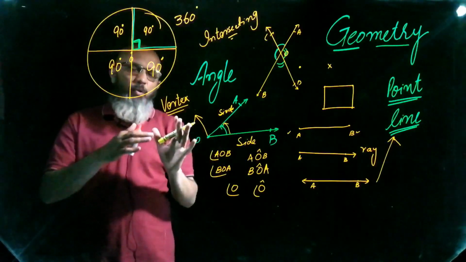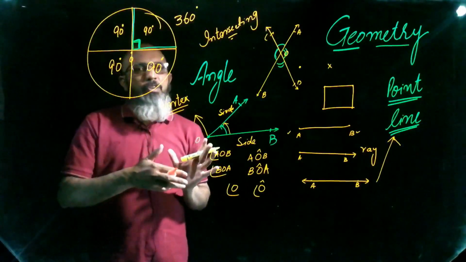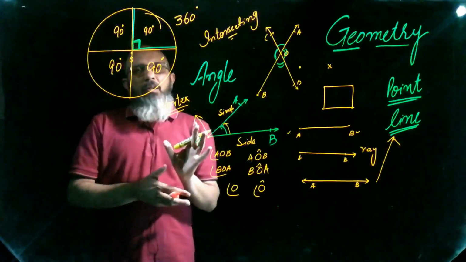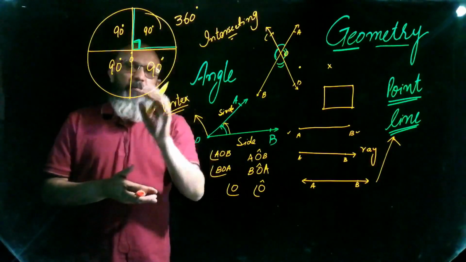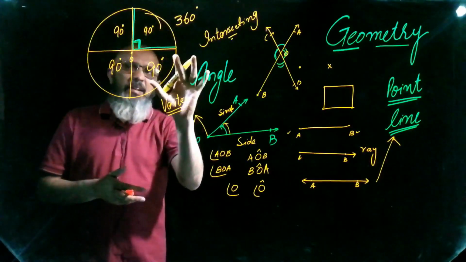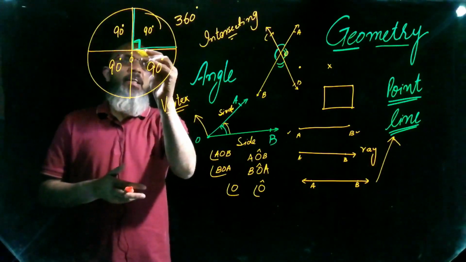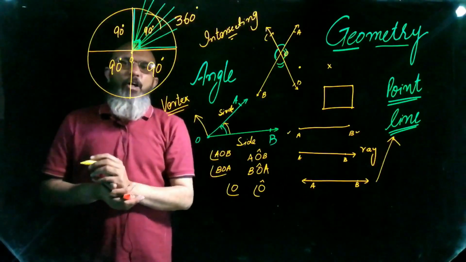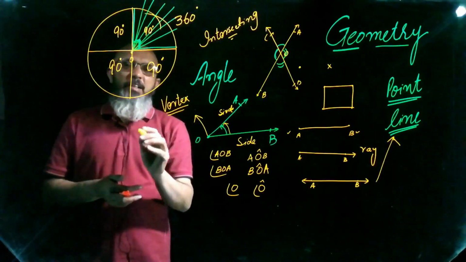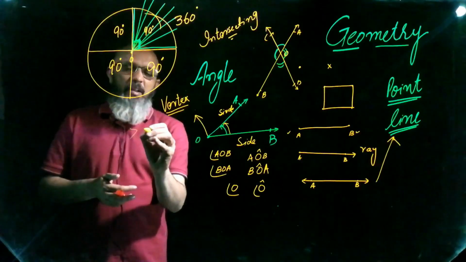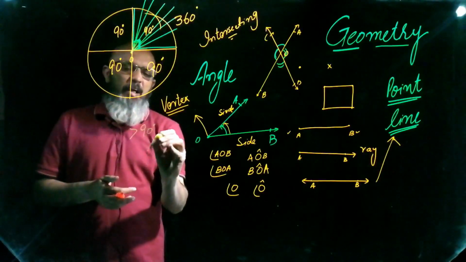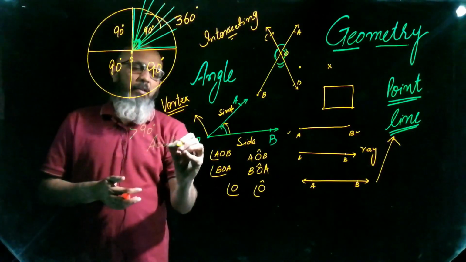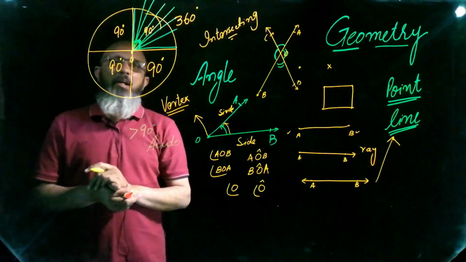It's very important to know what a right angle is, because the types of angle depend on this. An angle less than 90 degrees is called an acute angle. Acute angle.